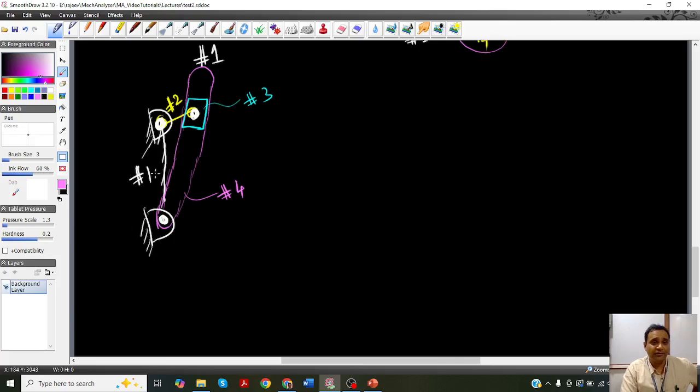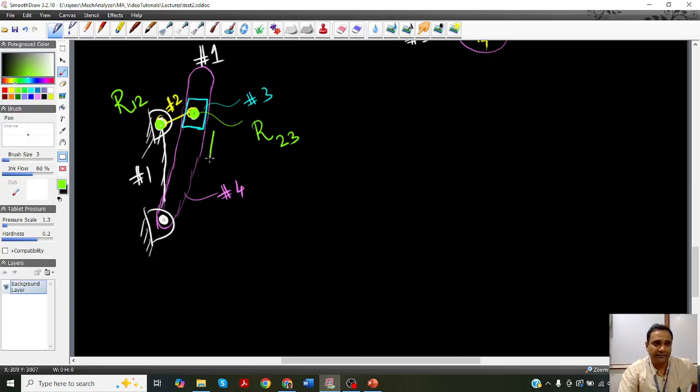Okay. Now let's try to understand what kind of motions are possible. Here I'll have revolute between 1 and 2. Please remember the slider is there, so I can have relative rotation between 2 and slider 3. So this particular location is relative rotation or revolute joint between 2 and 3. Now, if this slider is going along the magenta link, there is a relative translation possible.